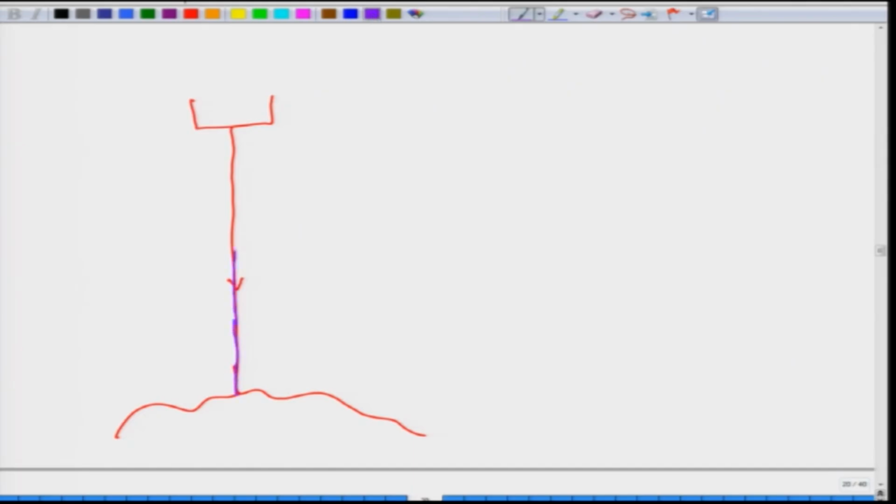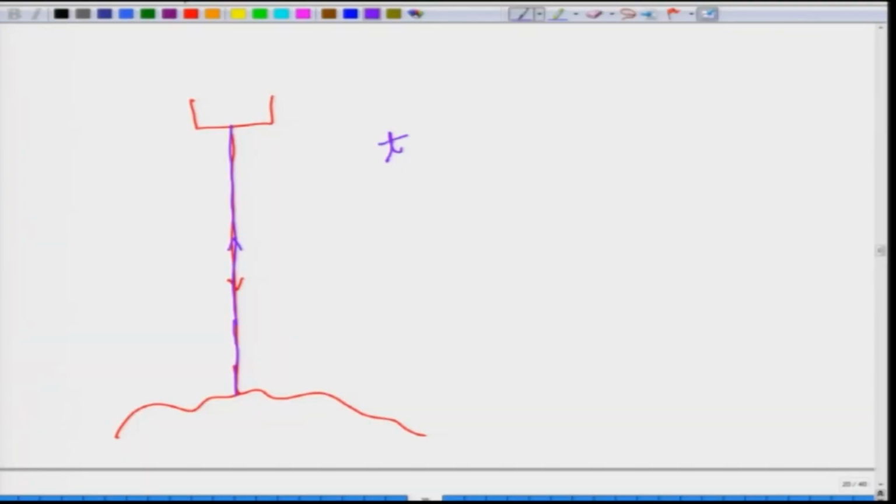It is getting reflected back like this, and what the instrument now measures is the time it takes from the start of the laser beam till the time it comes back. Now, suppose the time is t and the distance that the laser has covered is x. Let us say that the height of this point is h.